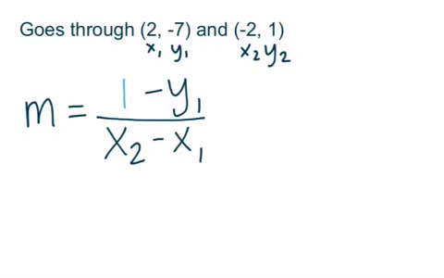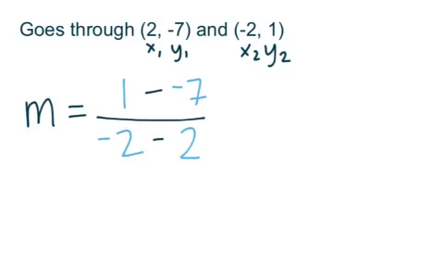My y2 was a 1, my y1 is a -7, my x2 is a -2, and my x1 is a 2. So looking at these, I know 1 subtract a negative 7. When I subtract a negative, it becomes positive.